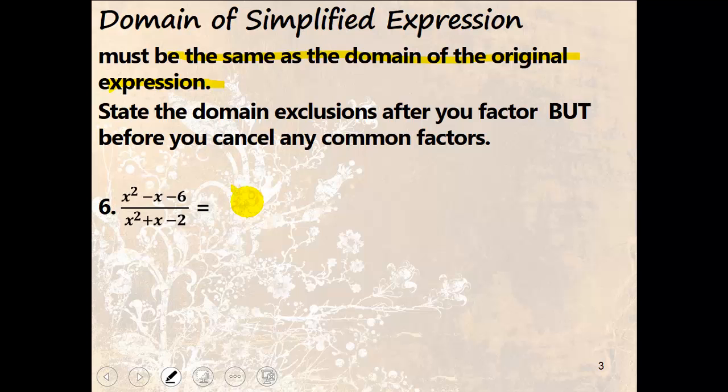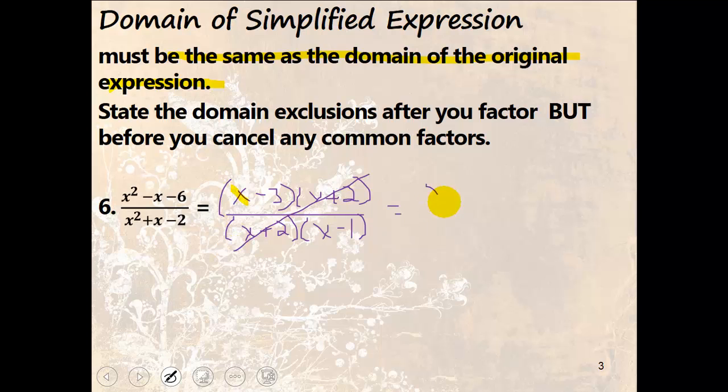So if we were to factor this one again, we would have x minus 3 times x plus 2 over x plus 2 times x minus 1, and those would cancel.